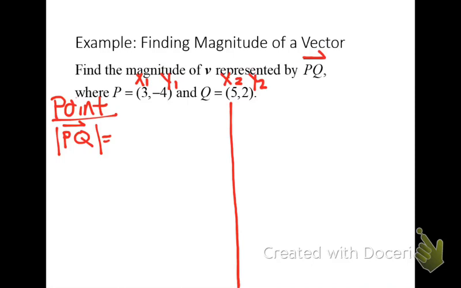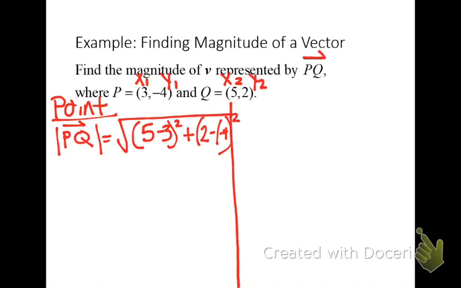So to go and find this, I will have the square root of 5 minus 3 quantity squared plus 2 minus a negative 4 quantity also squared.